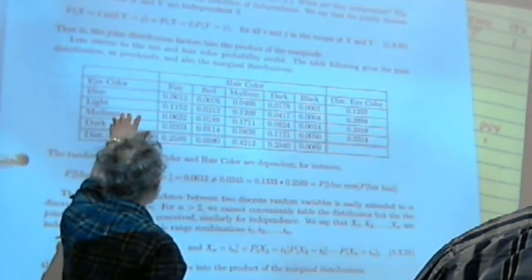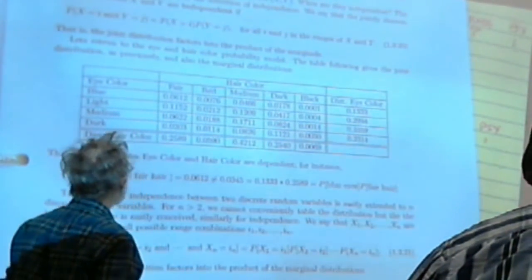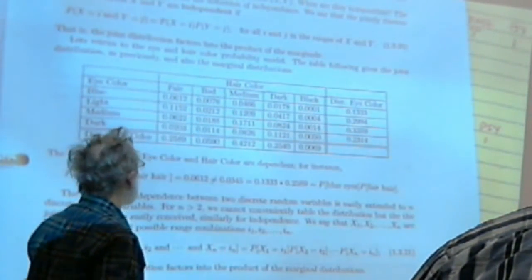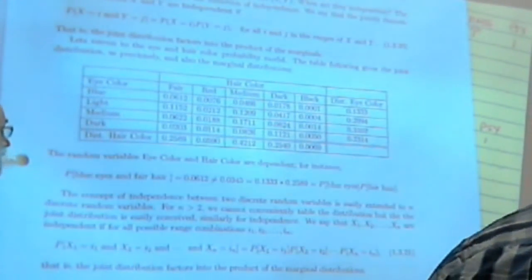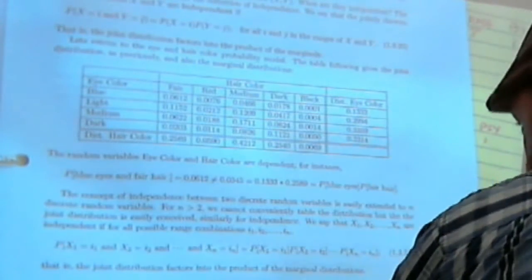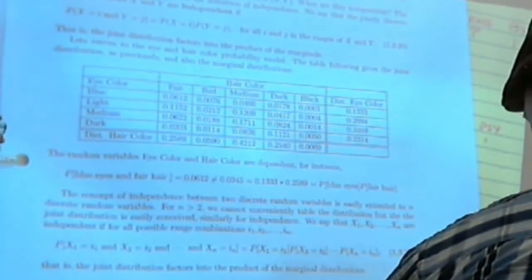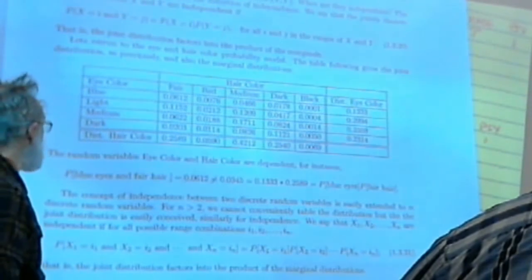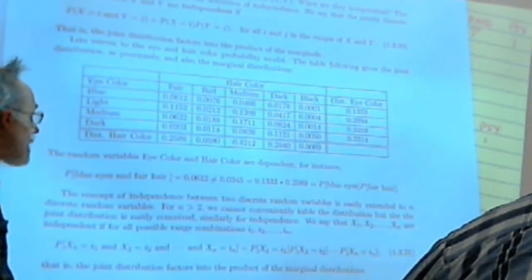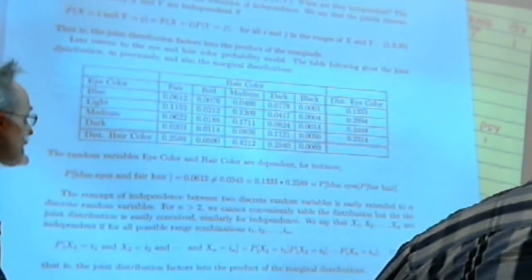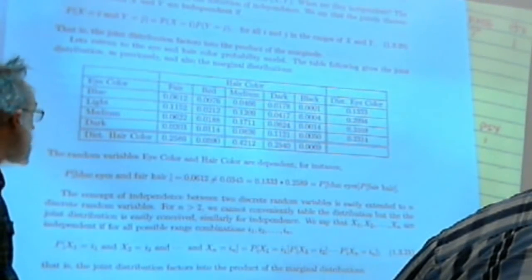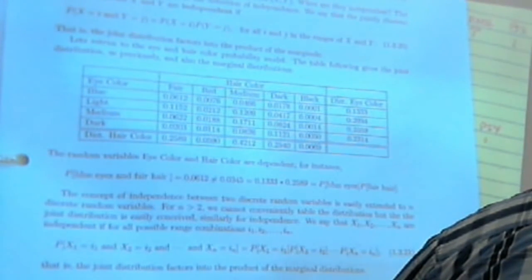We got their eye color and their hair color. 6% of the students had blue eyes and fair hair. There are some really rare ones. Blue eyes and black hair is like 1 out of 1,000, 1 out of 10,000. So it's really rare.